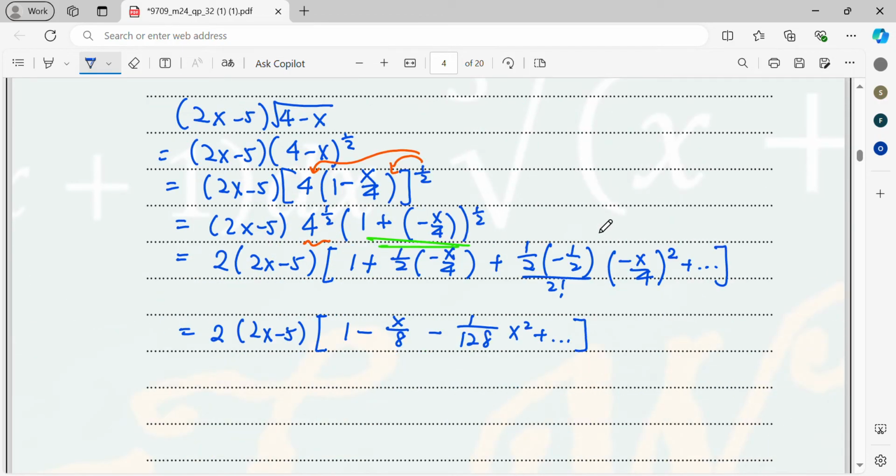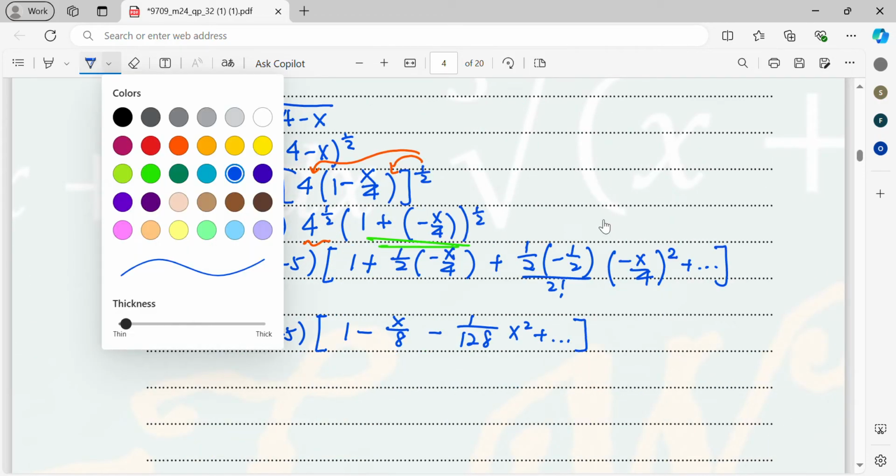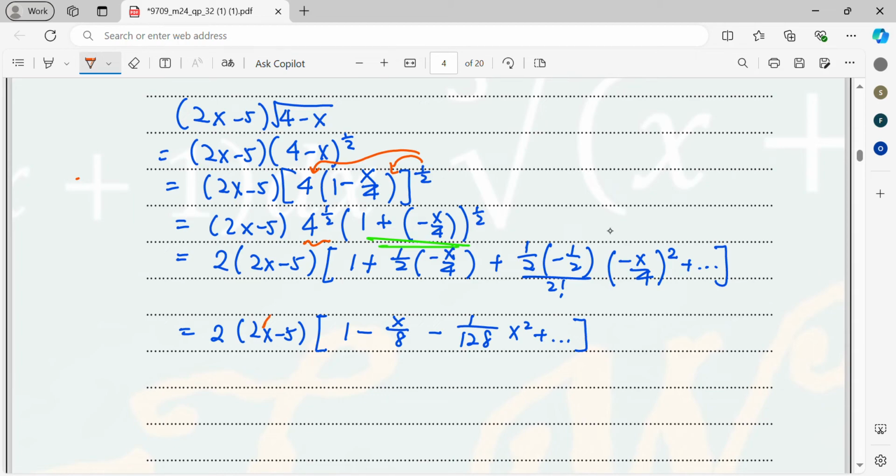That means now, when you look at the 2x, this 2x, I need to multiply with negative x over 8 in order to get the x squared. And also for the negative 5 here, I multiply with negative 1 over 128 x squared. That will be my term of x squared.